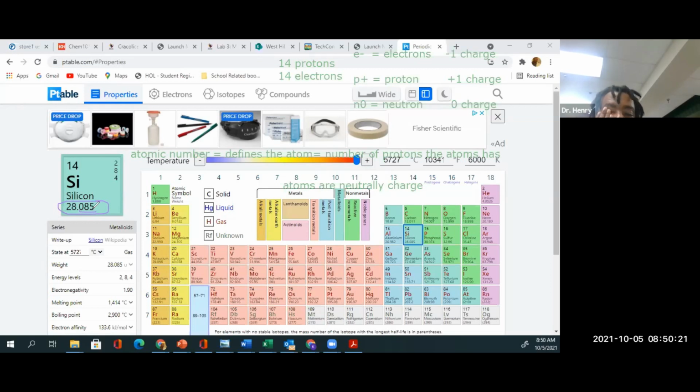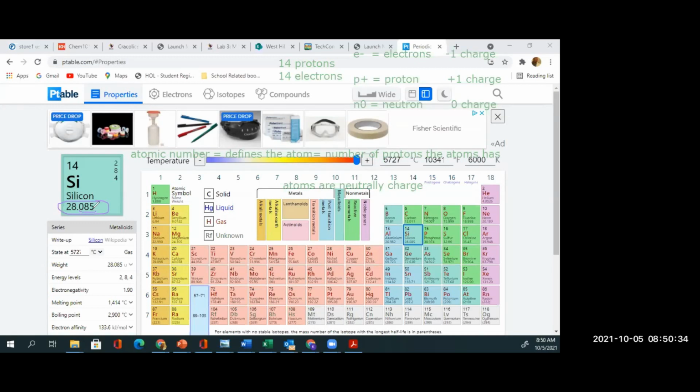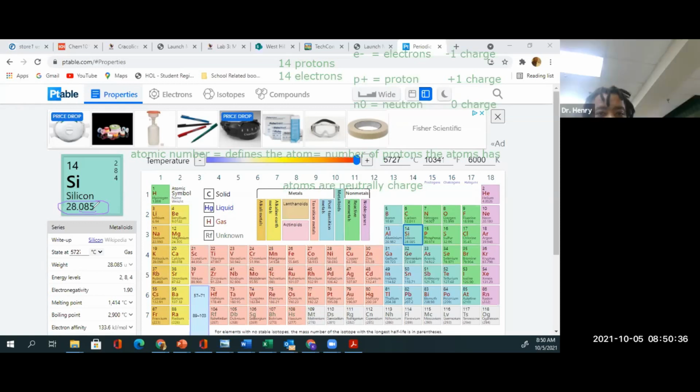So if I cut you in little pieces, are you going to be okay? No, you're not going to be okay, right? So we want to try to put it as a whole number. So what we want to do is round this number up or leave it alone, the 28, to leave it alone. So it'll be a whole number. And this number is going to represent what we call our mass number. Okay, so this guy is 28.0.